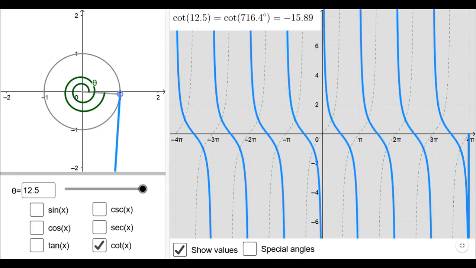Now you can see this graph. There is a line, the y-axis, and see the graph of cot x and the y-axis.